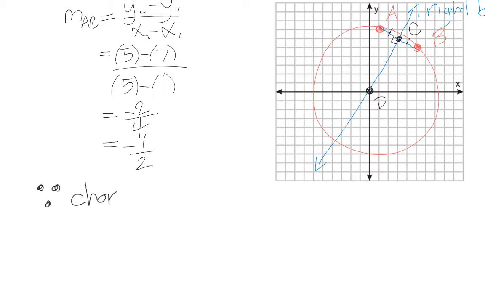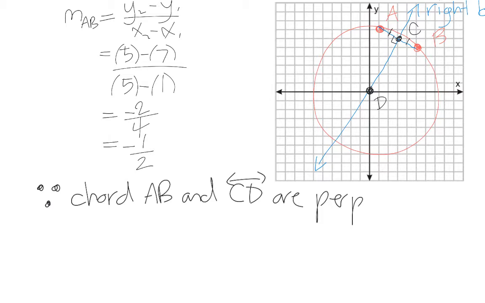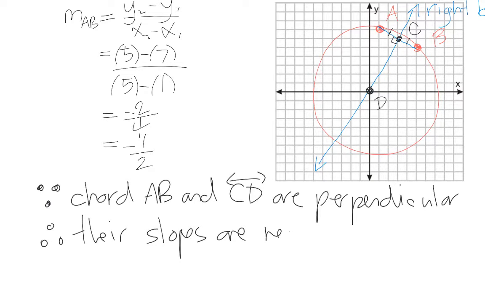Since chord AB, and let's just call this line CD instead of calling it a right bisector, let's say line CD are perpendicular, therefore their slopes are negative reciprocals.